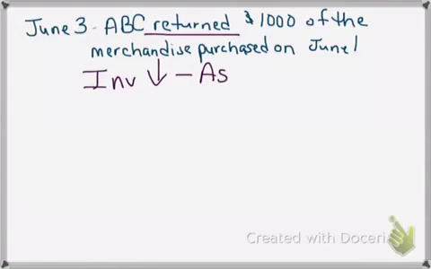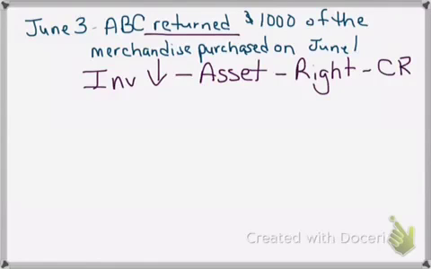Inventory is an asset account. We decrease assets on the right side, so inventory would be our credit because we are decreasing that. The other thing that we are decreasing is accounts payable because we no longer owe this money. If we return that merchandise, then we don't owe on that merchandise.